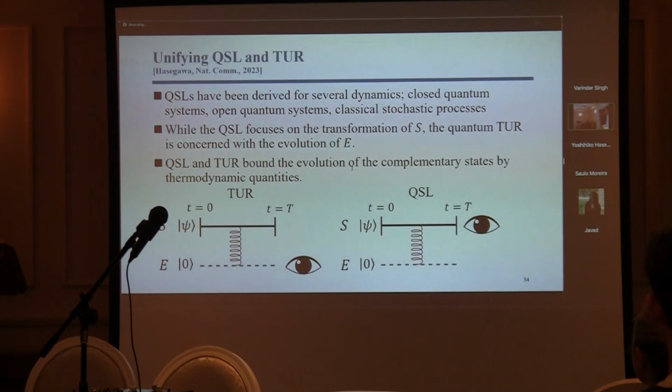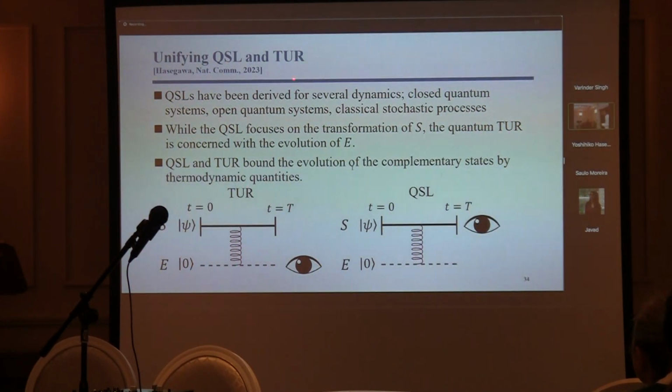Then let me unify the QSL and the TUR. QSLs have been derived for several dynamics: closed quantum systems, open quantum systems, and recently classical stochastic processes. While QSLs focus on the transformation of S, the quantum TUR is concerned with the evolution of E. As I explained in the previous slide, I have derived the TUR for CPTP, and I focus on the operator in the environment.